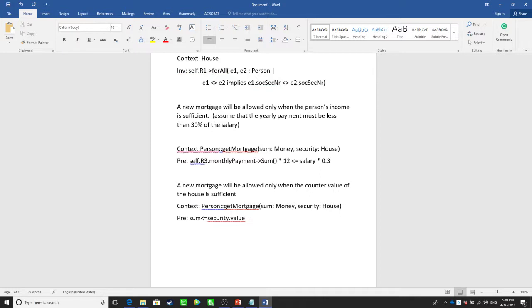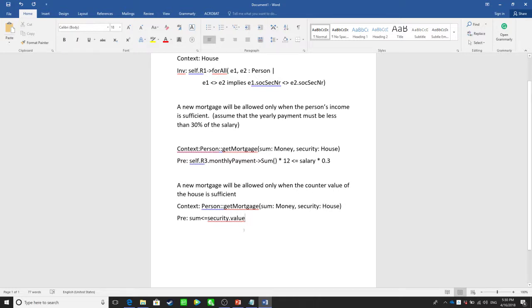Okay, so that's the amount of money they want to borrow. Yeah, it's also an operation. I think that's where people are getting confused, because in the previous one, sum is an operation.